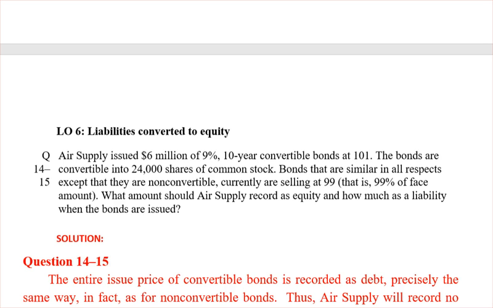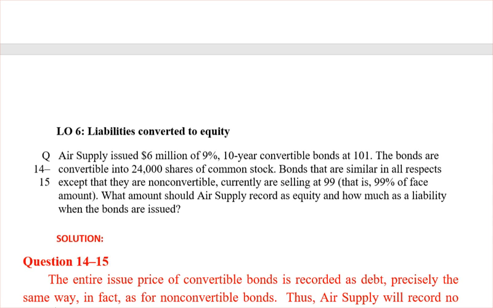What we need to do is put the entire amount as the liability. As I said before, the only time you record part of that as equity is when they are actually converted. So it doesn't matter if they tell you that they are non-convertible or currently selling at 99.